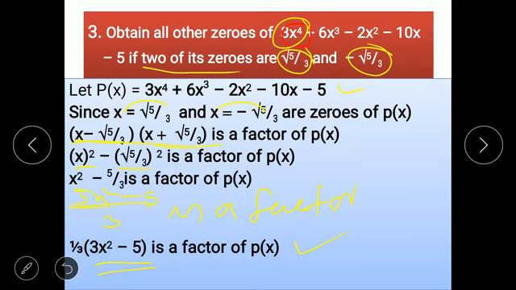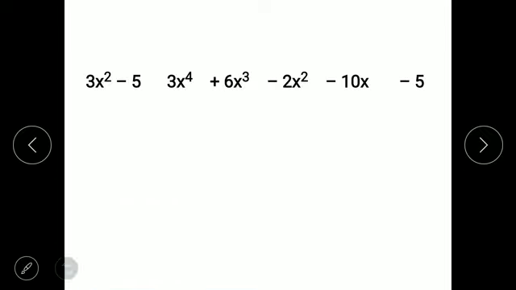Now this 1 by 3 is not needed; with this 3x square minus 5, we divide the given polynomial. Clear? One factor we are getting, 3x square minus 5. With that factor, divide the given polynomial. Perform the division just like before. You can do the division by yourself.